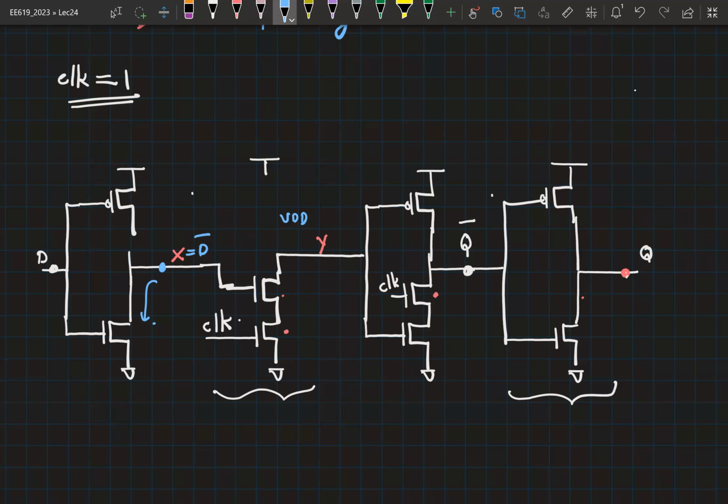Y can only discharge. And when does Y discharge? When X is equal to 1. Basically, if D bar is equal to 1, then Y will become 0, which is D bar of bar, which is the same as D. Correct?